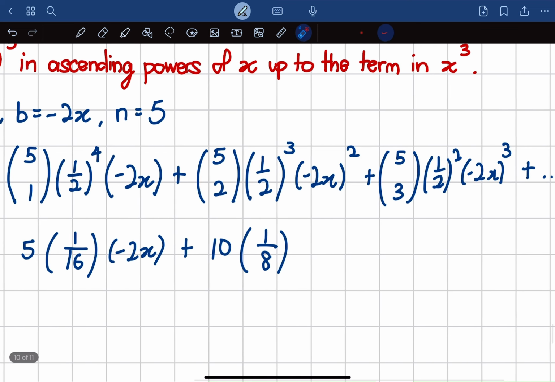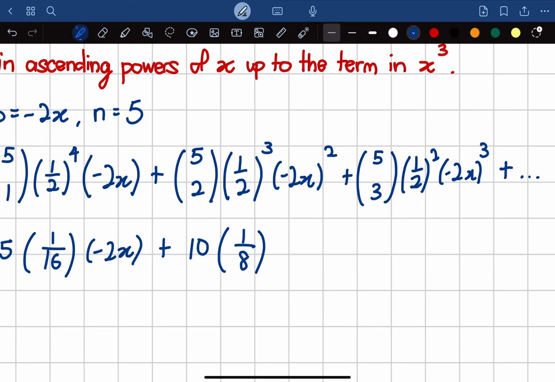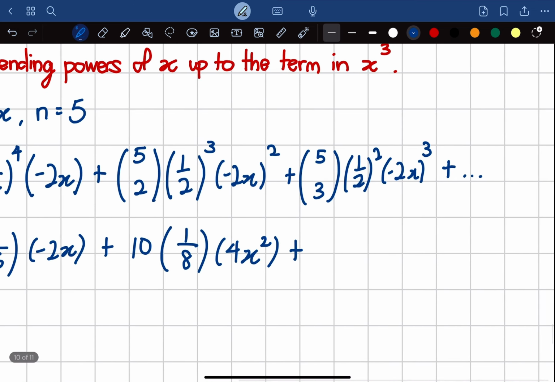And this thing here, remember this is negative 2x raised to the power 2. So the negative will become positive. So this will become 4x squared plus the last one, 5 choose 3.